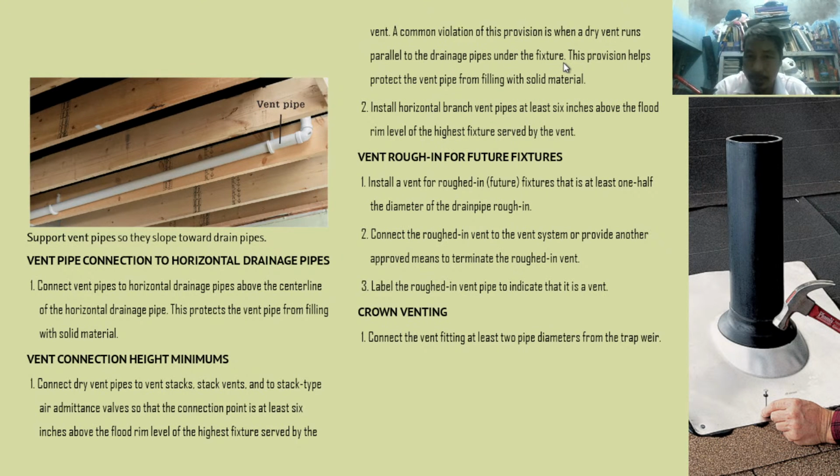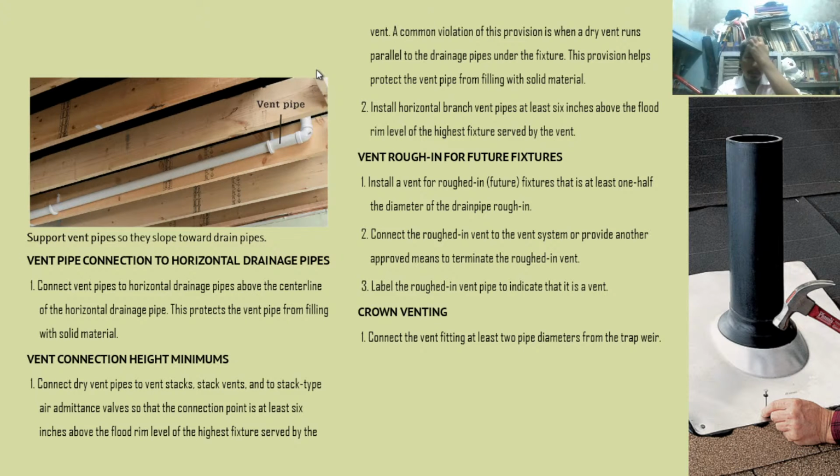So there are two types of vent. There is a dry vent and there is a wet vent. Wet vents like this must really be installed with slope because water will flow in and air will flow out.